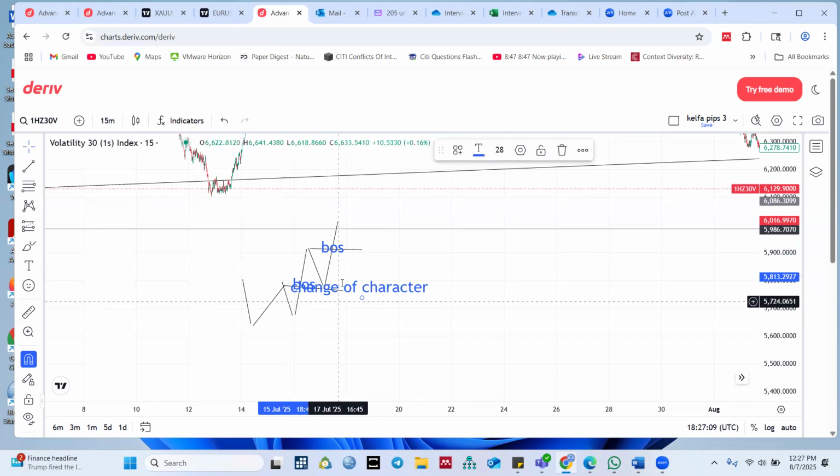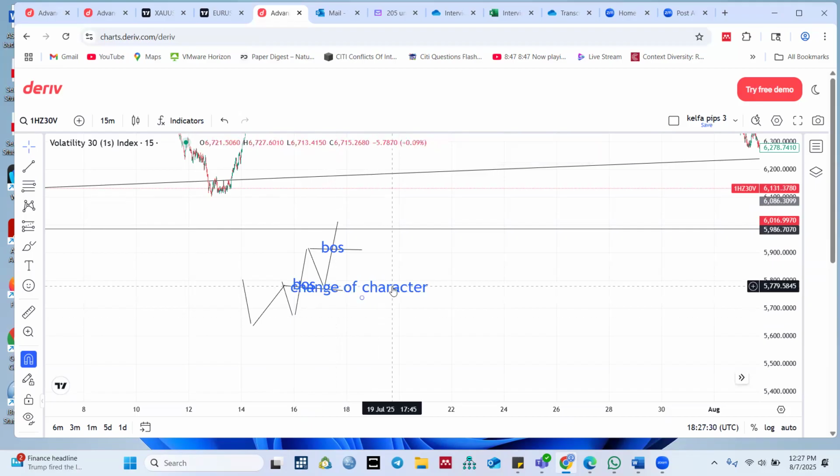What makes this bullish market strong is when we have the second BOS, or second break of structure, then it means that we are really bullish. So change of character is the first break of structure that happens on the market. I hope so. This is the foundation. This is how we can understand market structure.